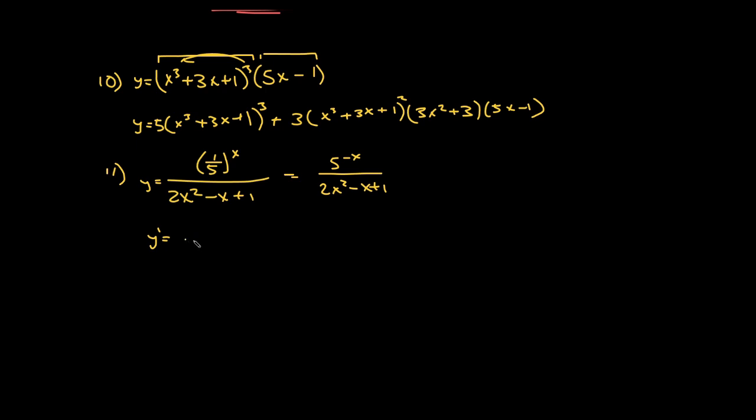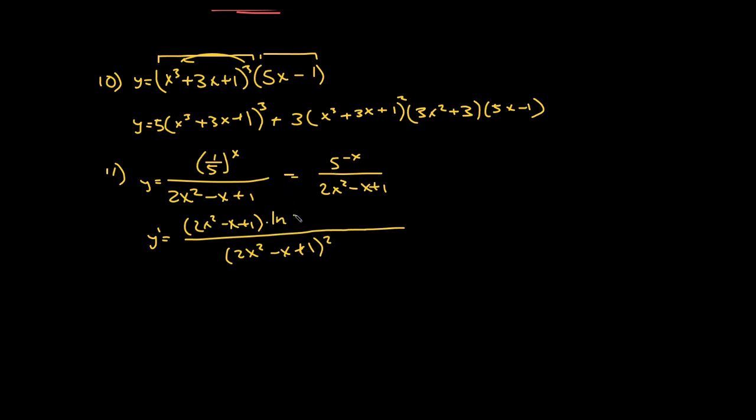Quotient rule, well, we'll square the bottom part. Alright. And then, well, the denominator remains the same first of all. Just copy the denominator. And we have to multiply by the derivative of 5 to the negative x. Well, we have to use the chain rule here, so we have to multiply by negative 1.